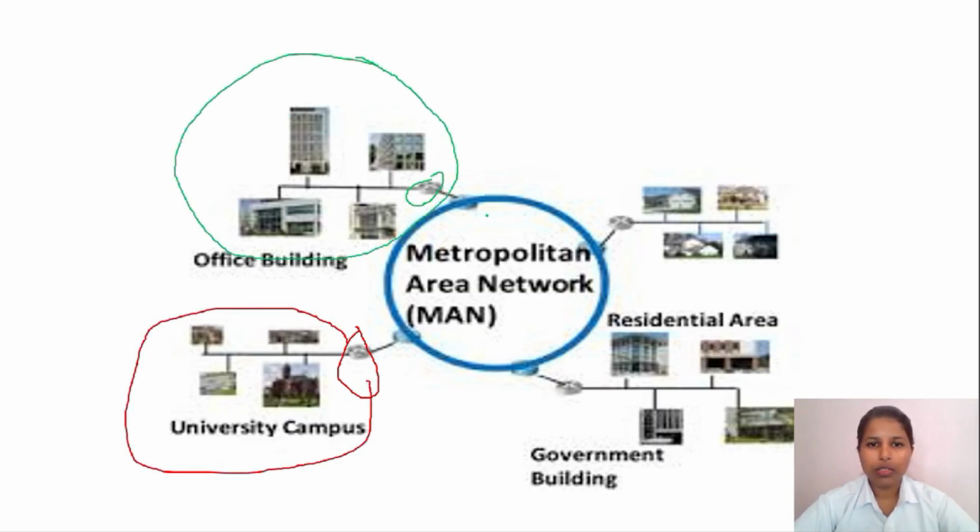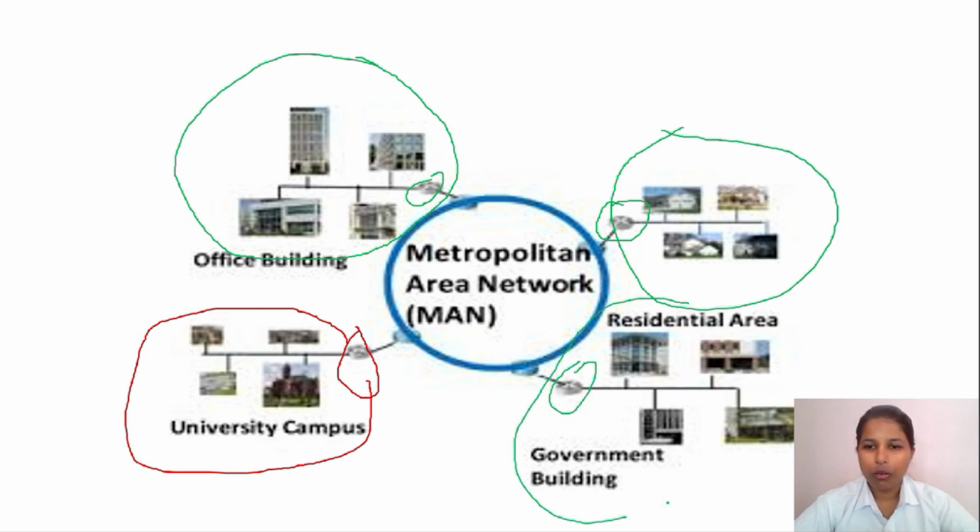This is the large building we can see. And here is the residential area, where full houses will get that connection. And in the government building, when we connect this network, it will get the connection too. So this is simply what a metropolitan area network is. It will connect a large area compared to LAN, that is a city, a large number of offices, a residential area, whatever we want.